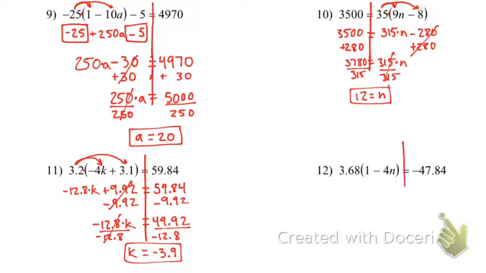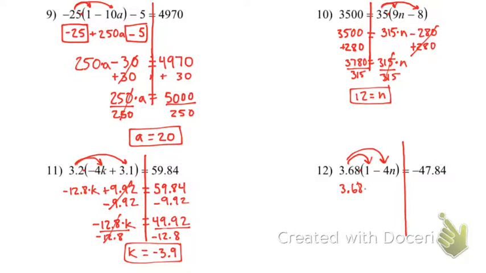Put my line in. Let's clean up the left side first. So I do have distributive property here. This is multiplication. Get your calculator out. 3.68 times 1. Hopefully you know that's just going to be 3.68 without a calculator. Okay, and then 3.68 times negative 4n. So 3.68 times negative 4.